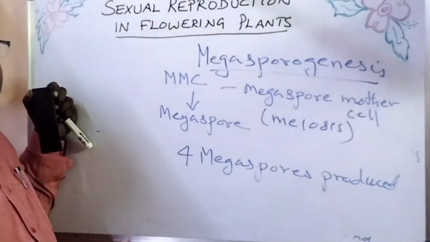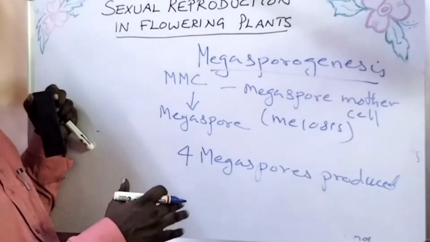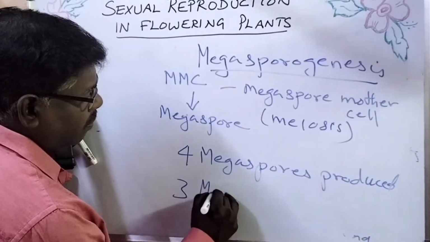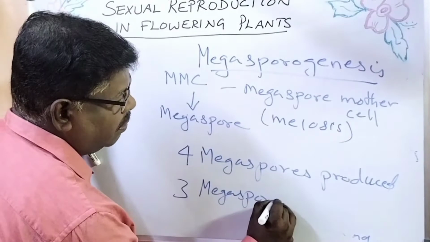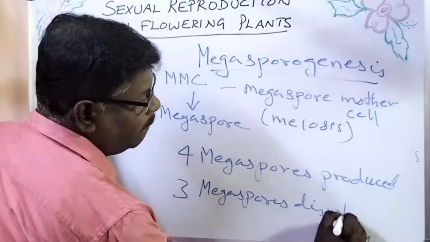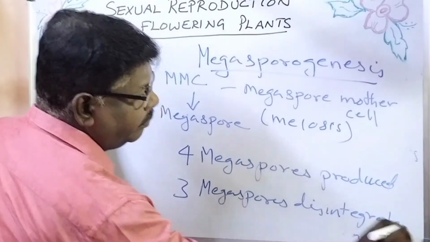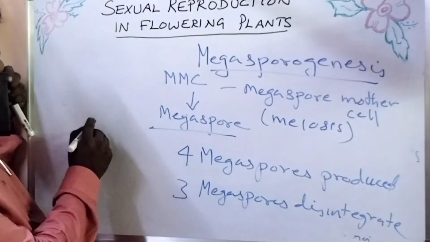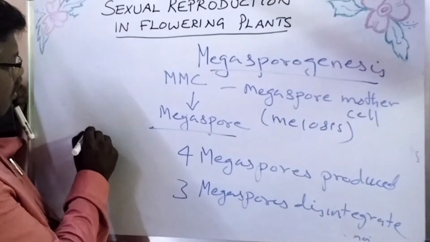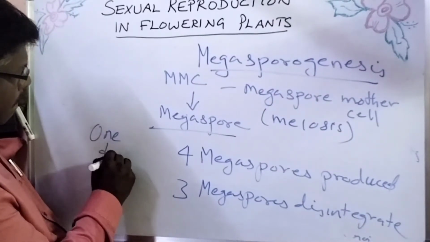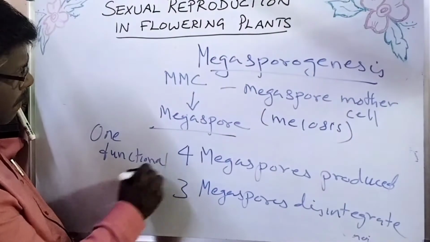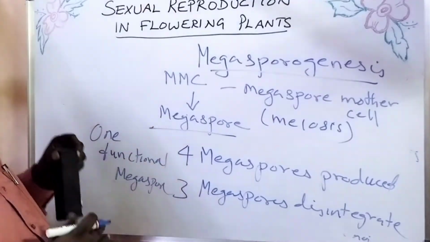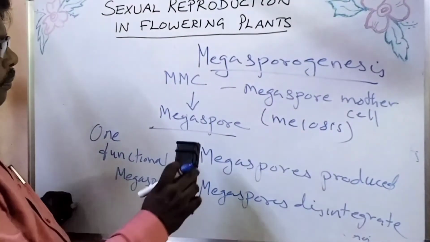In most of the flowering plants, out of the 4, 3 megaspores will disintegrate, and there is only one megaspore which is functional. So there is only one functional megaspore.